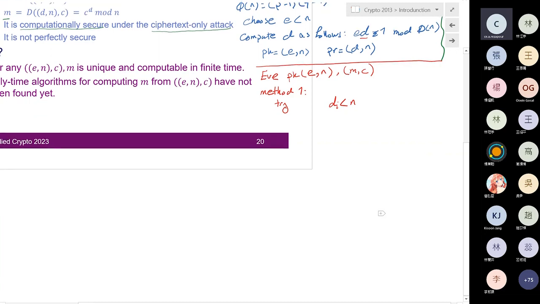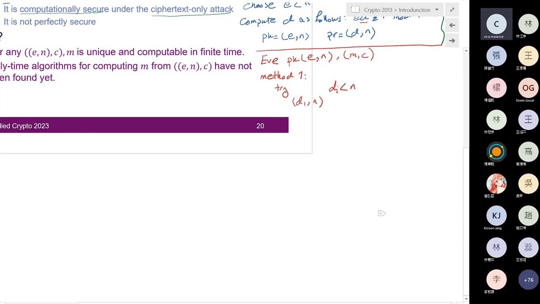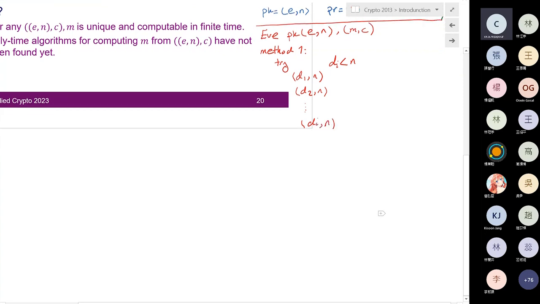She would start to guess. Let's say she would choose D1 and N, and let that be the secret key. And then she will try D2 and N. She can choose many different private keys.